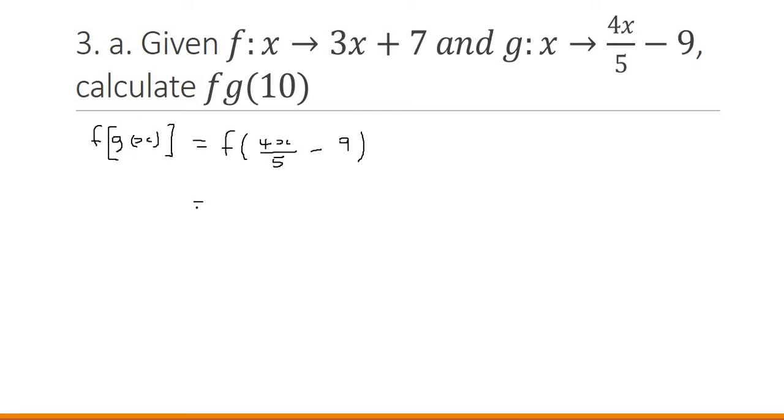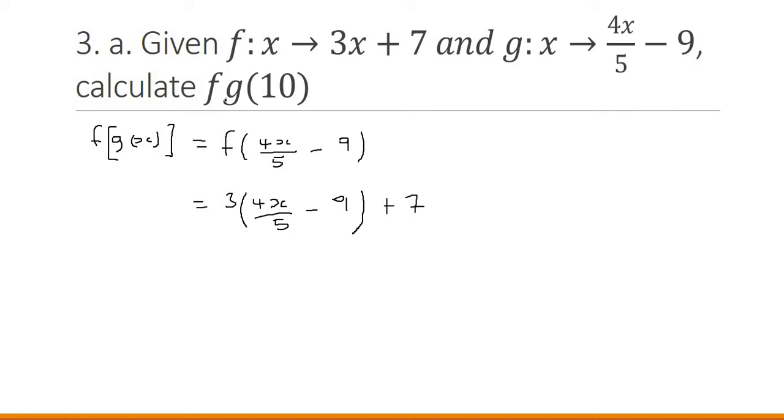So this is going to equal the function f, which is 3, and instead of putting back x, we must replace it with 4x over 5 minus 9, close our bracket, and we put back our plus 7. So now we know that f of g of x is actually equal to 3, open bracket, 4x over 5 minus 9, close bracket, plus 7.